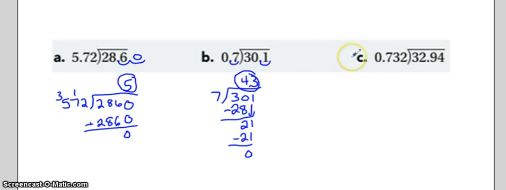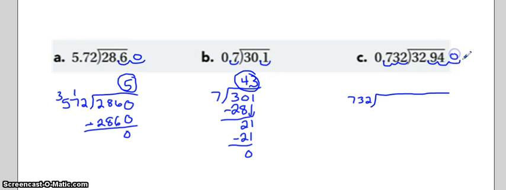All right, last one. 732 thousandths going into 332 and 94 hundredths. All right, this one is unique. We have 3 decimal places. It's a thousandth. So we are multiplying this by 1,000. So 732 is going to be our divisor now. That means on the inside here, 1, 2, 3 decimal places.